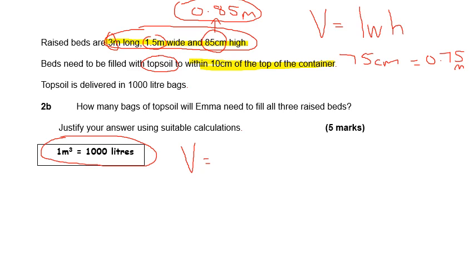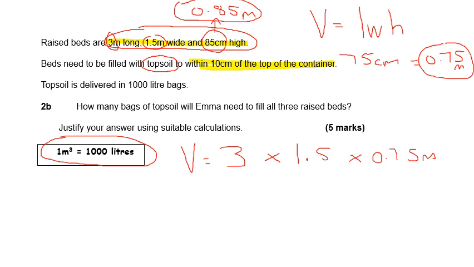We could have waited down here, because the key height is 0.75 meters, because just to repeat myself, we are working out the volume of the topsoil, not the volume of the container itself. So to work out the actual volume of topsoil needed, it's 3, which is the length, 3 meters, times the width, 1.5 meters, but the height we actually use is 0.75 meters.